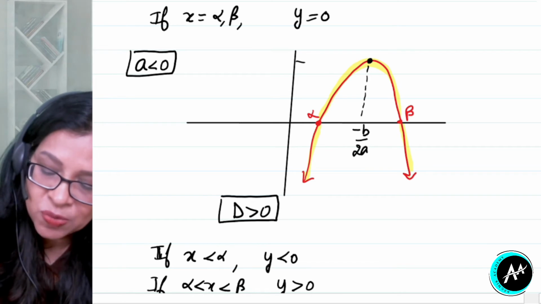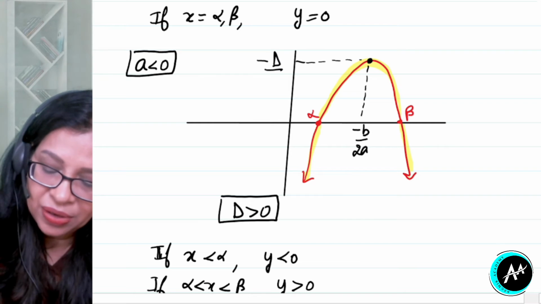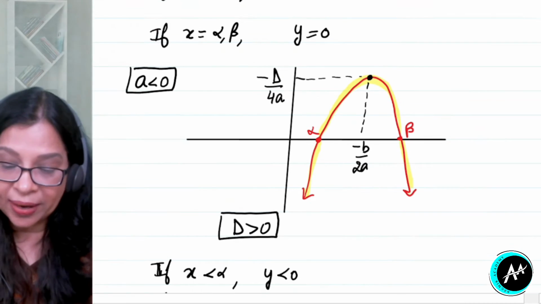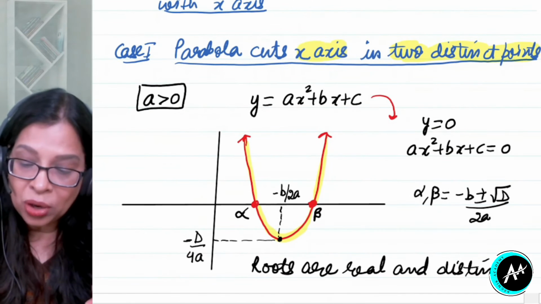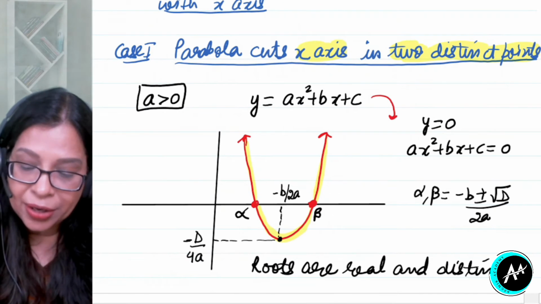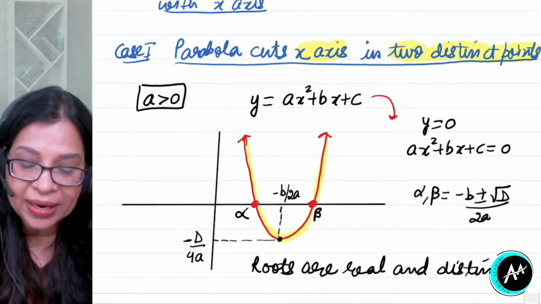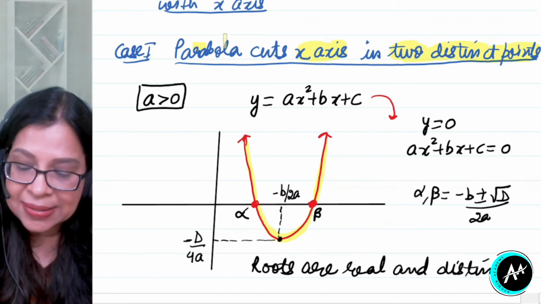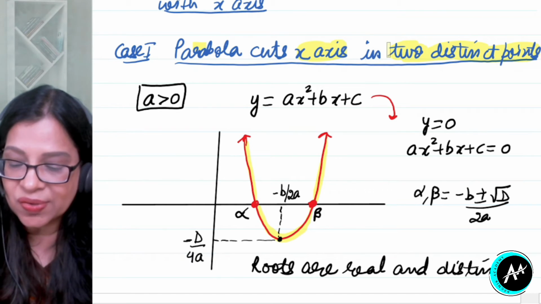Alright, and corresponding maximum value of y here is minus d upon 4a. Got it? So this is case 1, when parabola is cutting x-axis at two distinct points. You can see we are discussing this, that parabola was cutting x-axis at two distinct points.